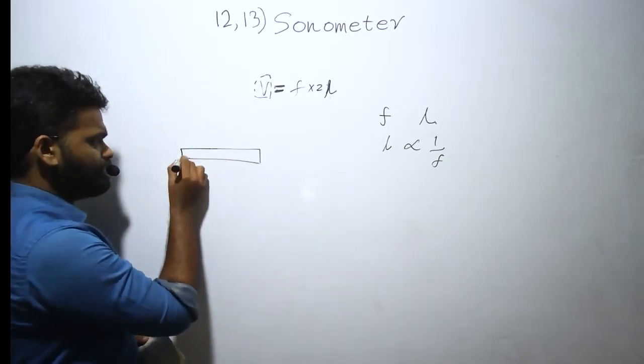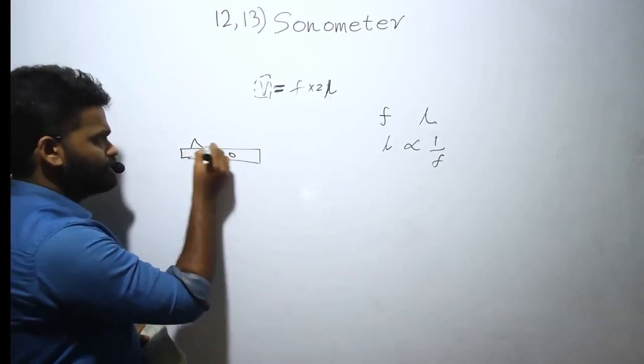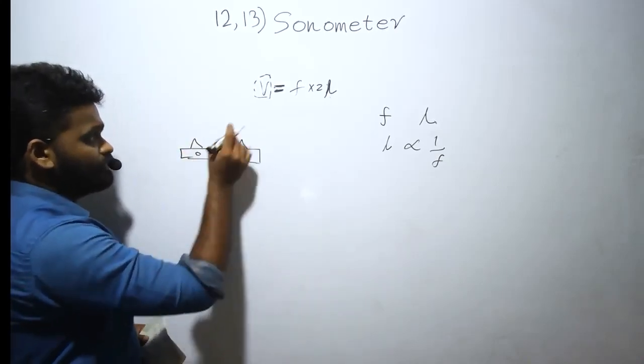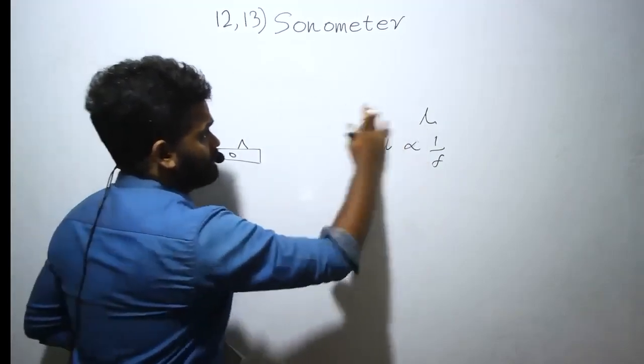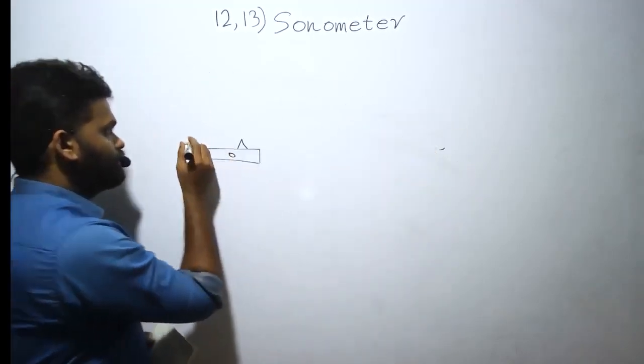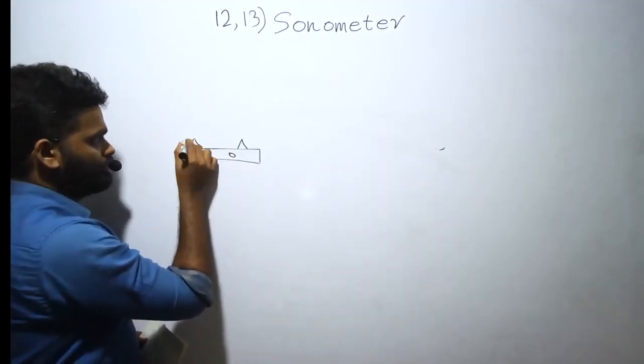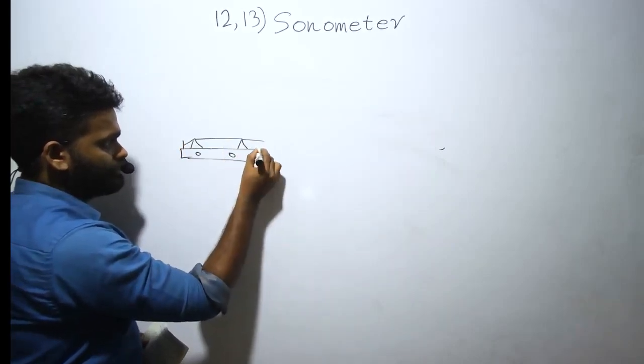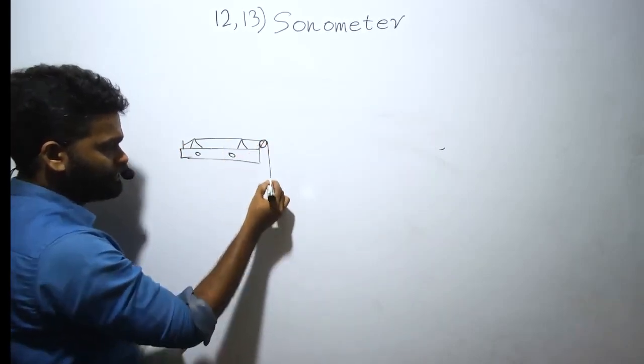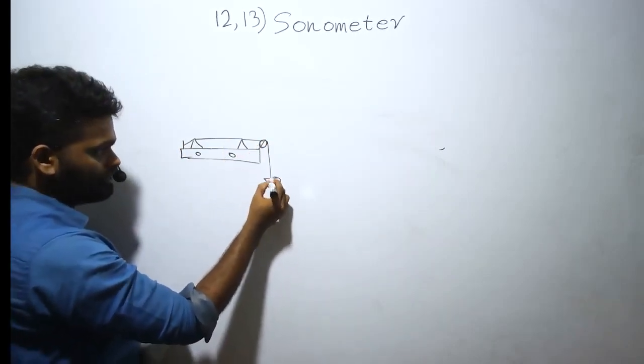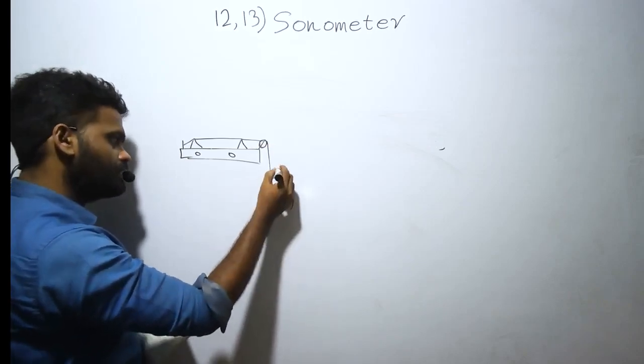So the same stuff, sonometer, the pegs, you can draw this. Draw this with me. You have the pulley and you have the mg, then there's tension.